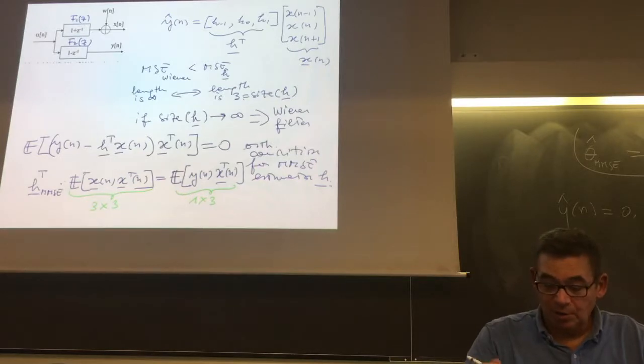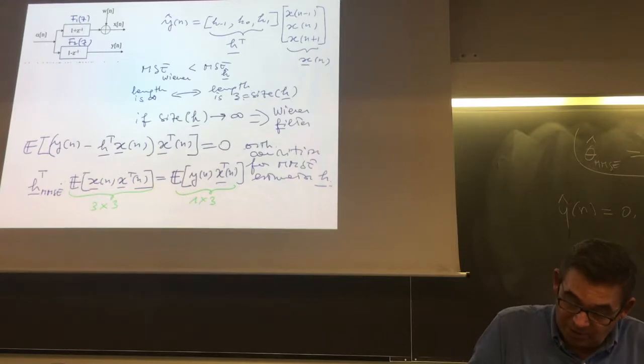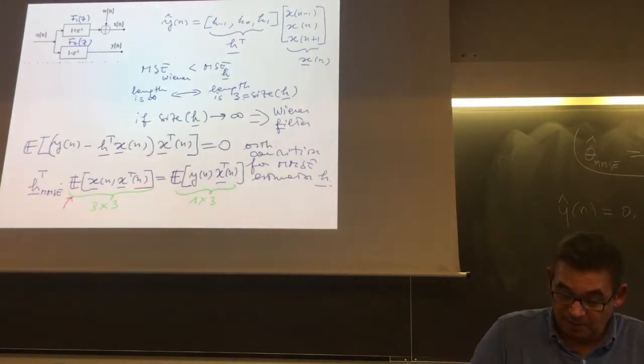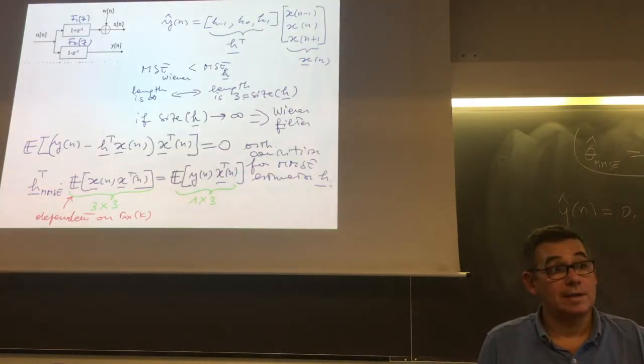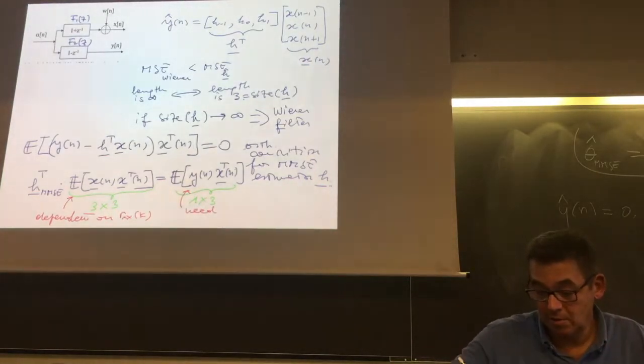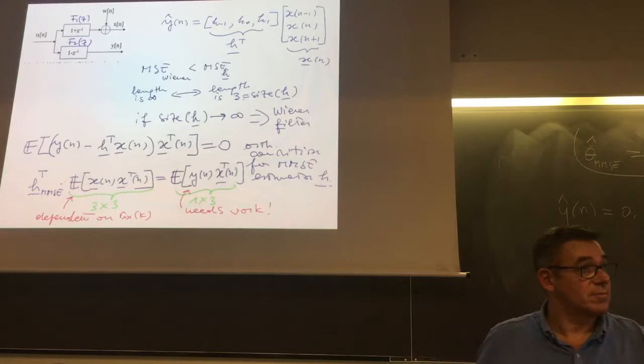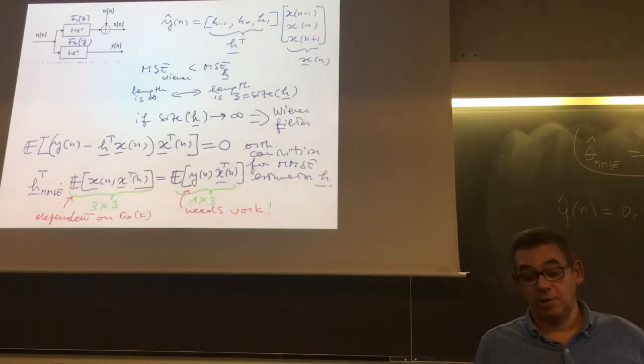Computing the first term is the easiest one, because this matrix depends on Rxx of k. That's the easy one. The second part needs work; it needs some manipulation.